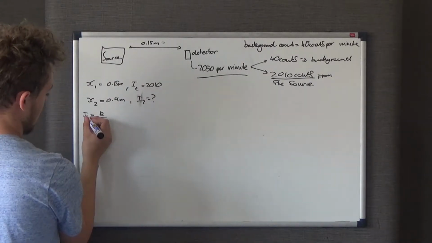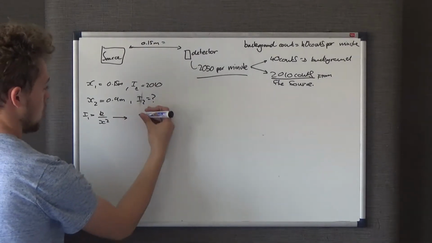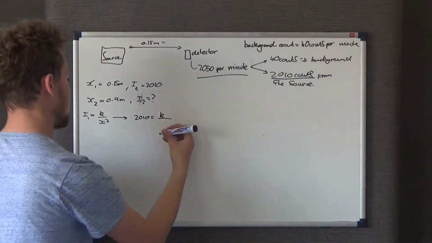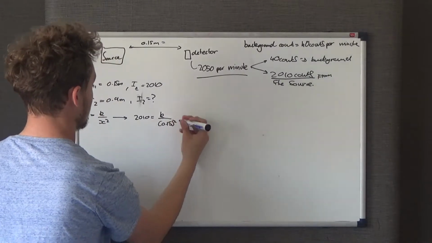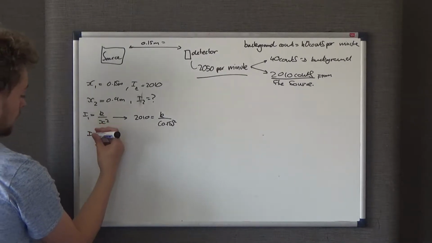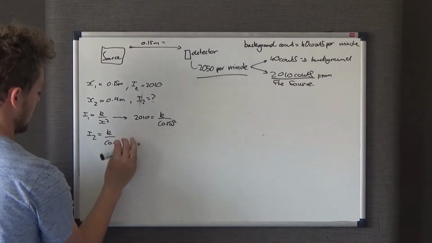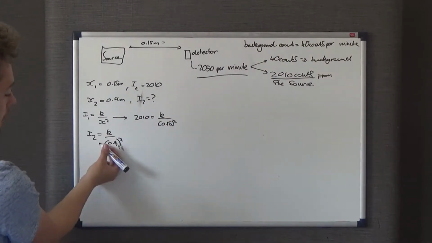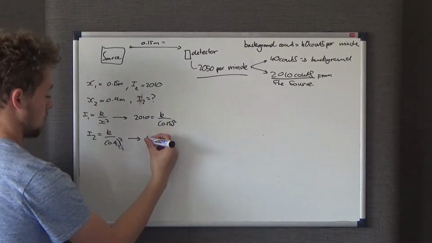So if we put our numbers in, I1 is 2010 counts per minute, which is the constant k over the distance of 0.15 squared, and I2, which we don't know, is k over the distance squared, 0.9 squared. Because we could either work out what k is here and then put it in here and work out what I2 is, but an easier thing to do would be to make them both the subject of k.